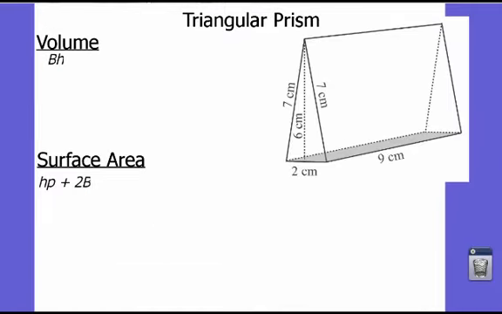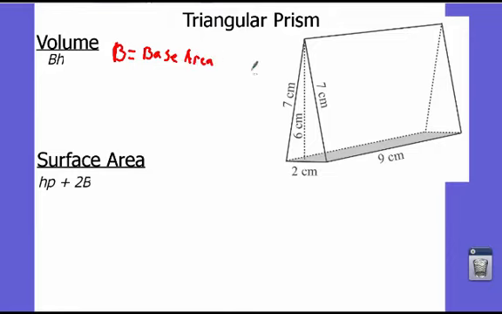So the next shape we're going to talk about are triangular prisms. And it's pretty similar to a rectangular prism, except our base is now a triangle instead of a rectangle. So our formula is B times H, where B stands for the base area.